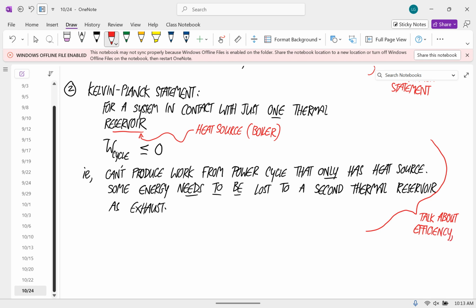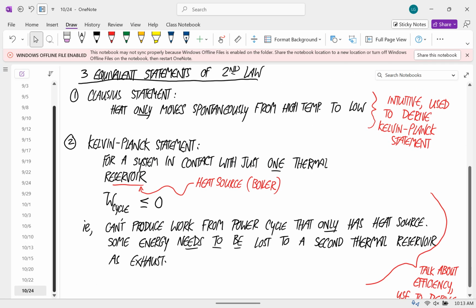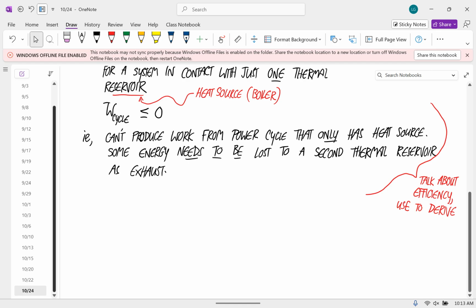And we're also going to use this to derive, so remember that first one was called the Clausius statement of the second law of thermodynamics. We're going to use this to derive the Clausius inequality, which is a totally different thing, unrelated, except that they both relate to the second law of thermodynamics. And the entropy statement of the second law.